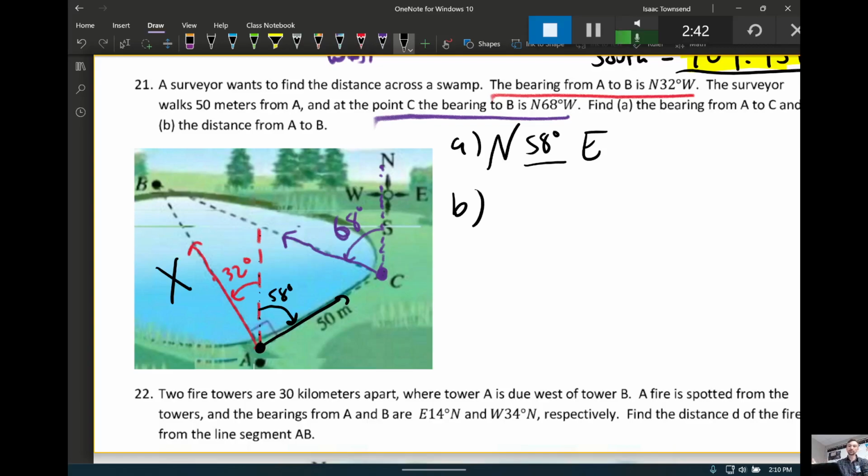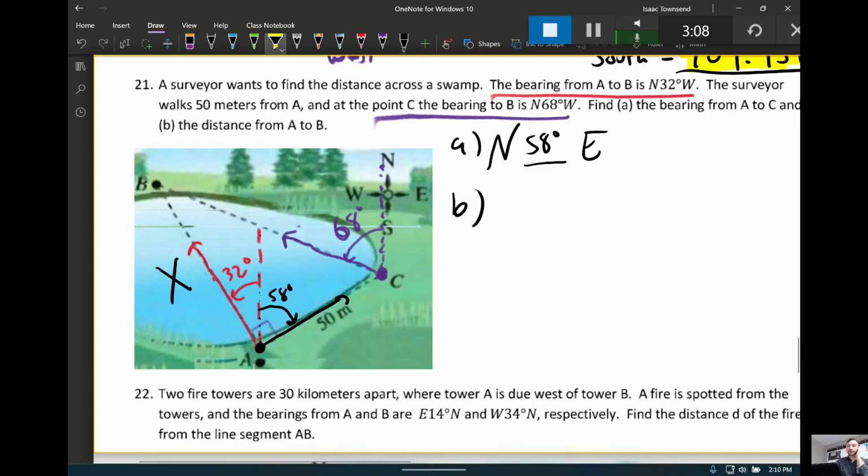Okay, so SOHCAHTOA. But for a SOHCAHTOA equation, you need to include the side you're trying to find. You need to pair it up with the side you know the length of. And you also need one of the acute angles. Now, I don't know how big angle B is, and I don't know anything that's going on here.